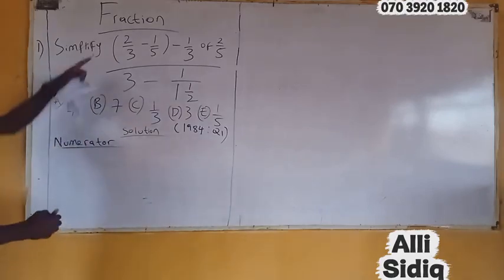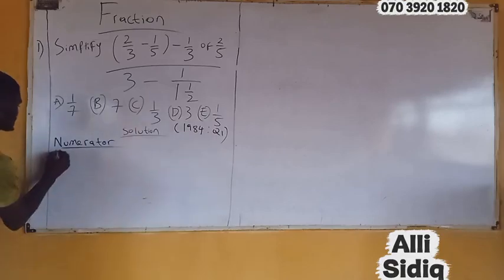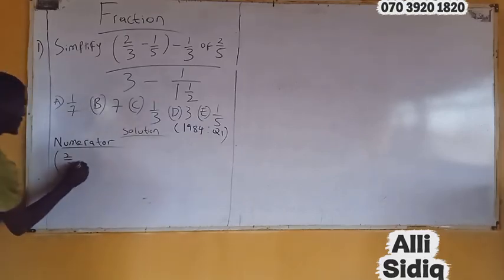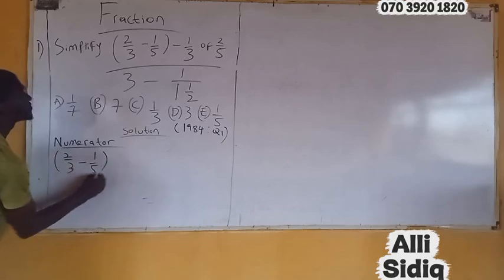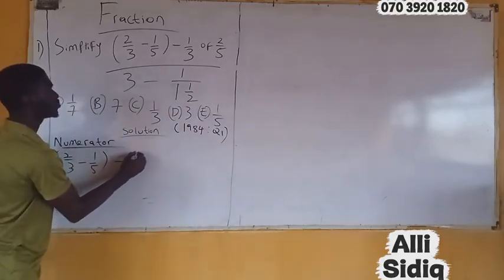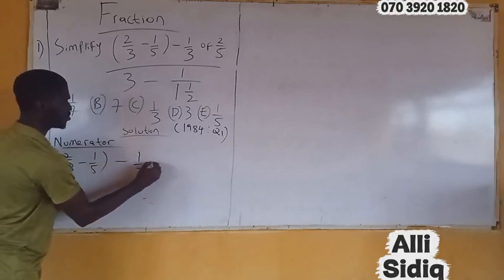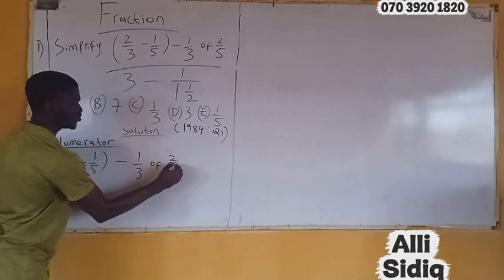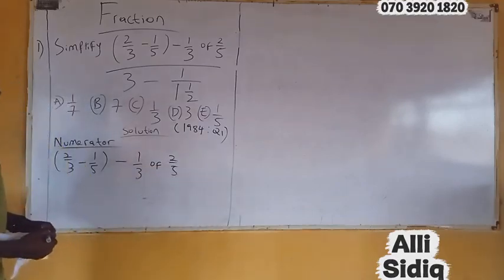So what do I have in the numerator? I have 2 over 3 minus 1 over 5 all into brackets, minus 1 over 3 of 2 over 5.